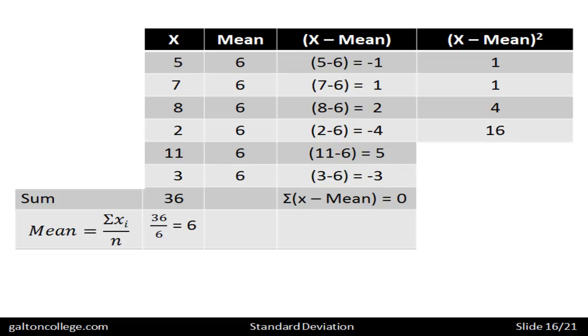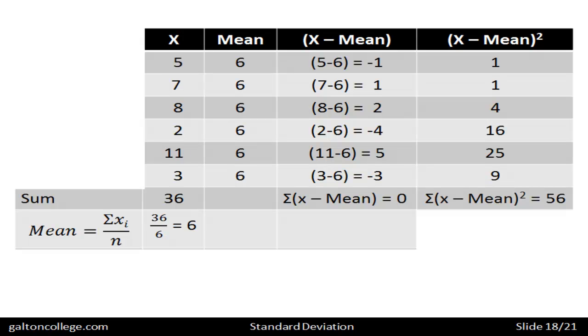Minus 4 times minus 4 is 16. So the minus signs have gone. Now if we add that up, we get 56. Without squaring it, we're always going to get a 0, so that's not of any use to us. But when we square it, we get 56. That's useful.